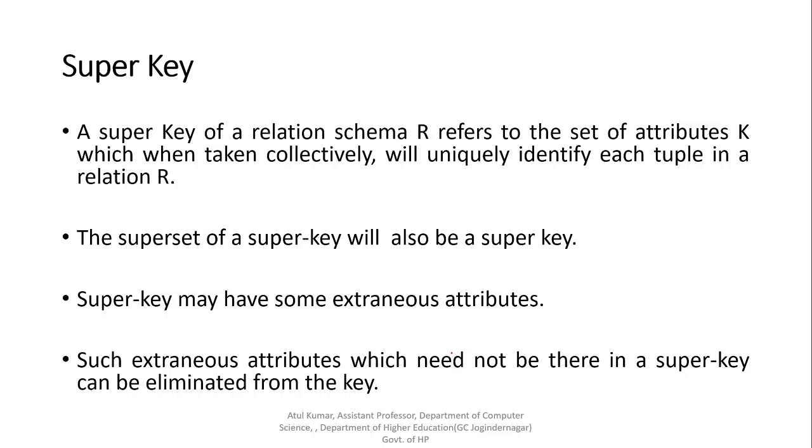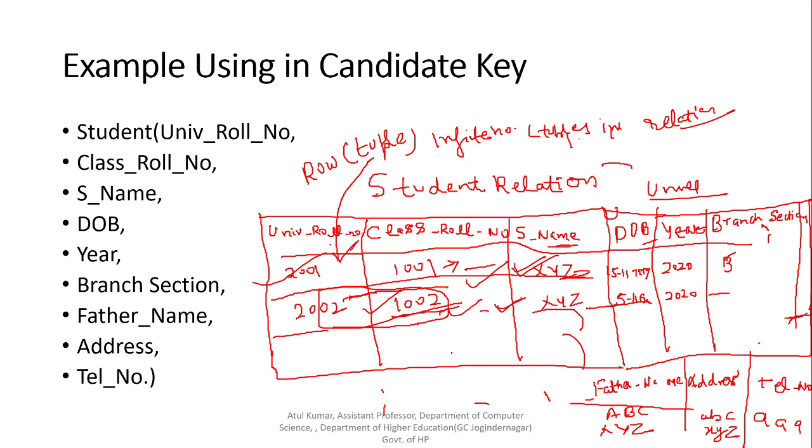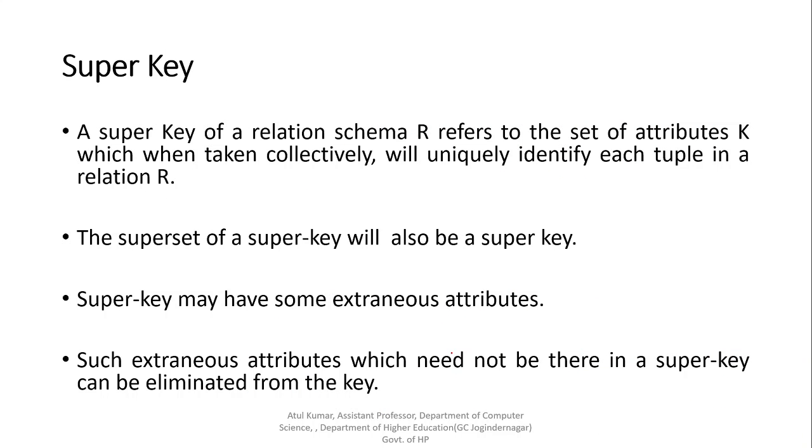It may have a set of attributes, like in this example we have a set of attributes: university roll number, class roll number, student name, all the attributes. So a super key is the set of attributes that, when taken collectively, uniquely identify each tuple in the relation.